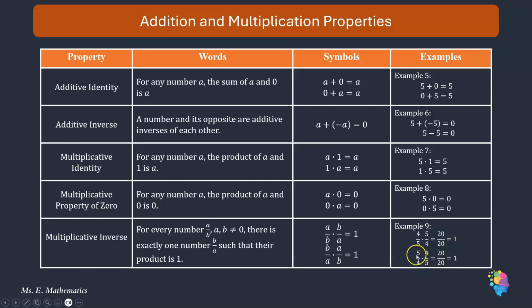Similarly, if we do 5 over 4 times 4 over 5, that is also going to be 1 because these are reciprocals. Checking the numbers, 5 times 4 is equal to 20, 4 times 5 is equal to 20, and 20 divided by 20 is equal to 1.